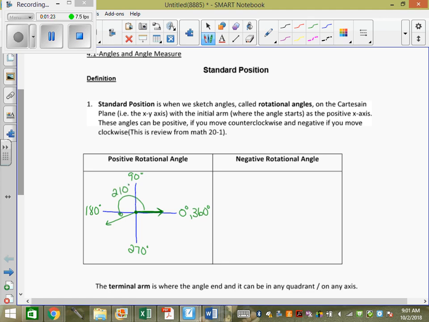Now we're going to look at the exact same arms at a negative angle. So we label it backwards. 0, negative 90, negative 180, negative 270, negative 360. We start on here.